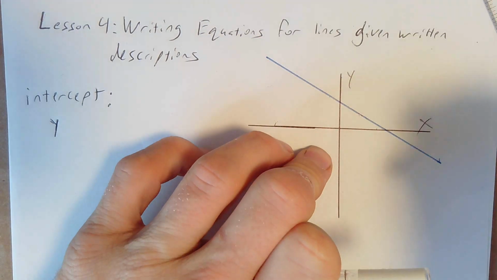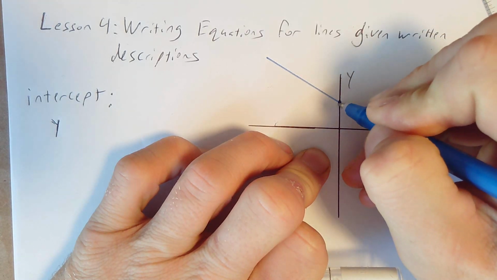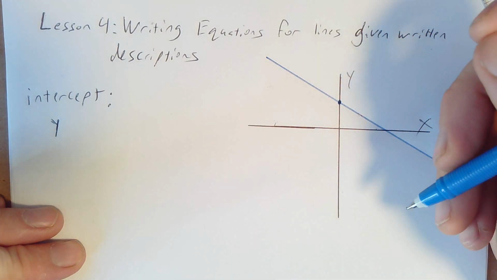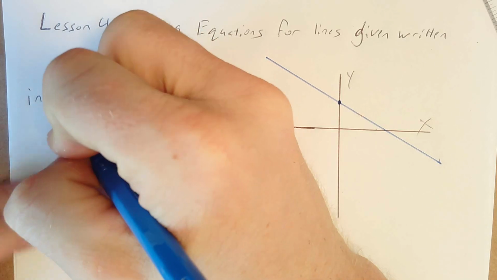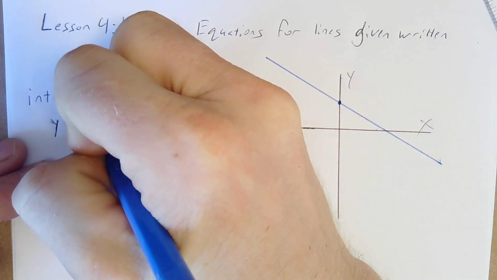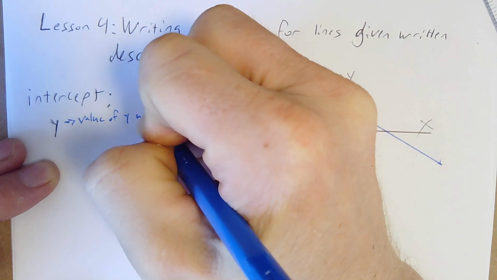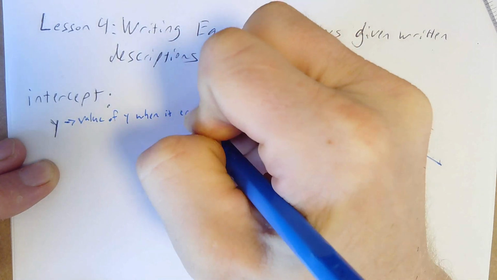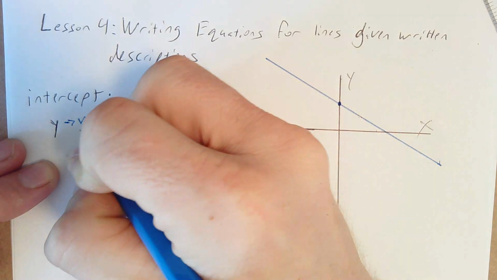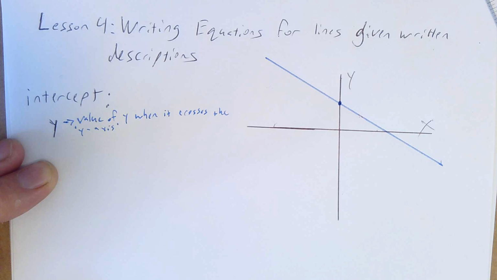So the y-intercept is the value of y when it crosses the y-axis.